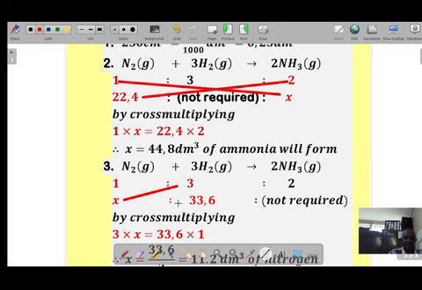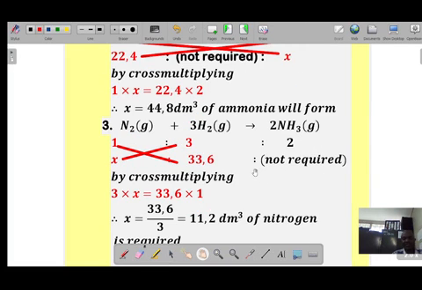What is 3 times x? That is 3x. And then 1 times 33,6 is 33,6. So dividing by 3 both sides gives you 11,2 decimeters cubed of nitrogen. There you go.